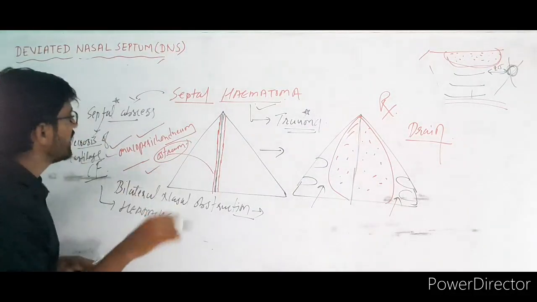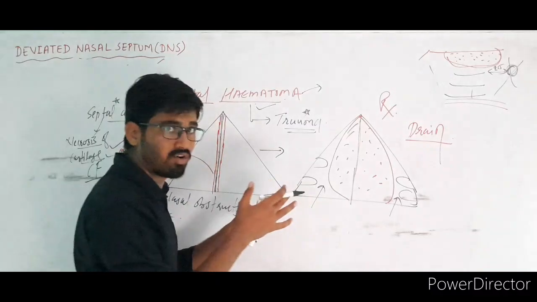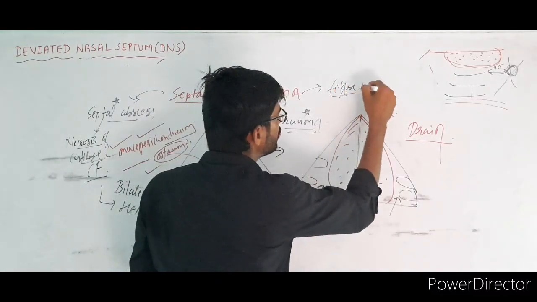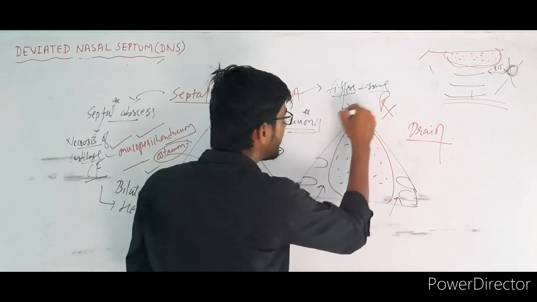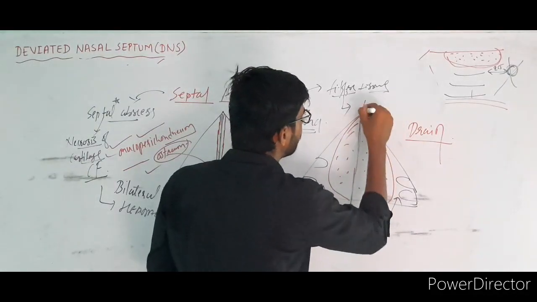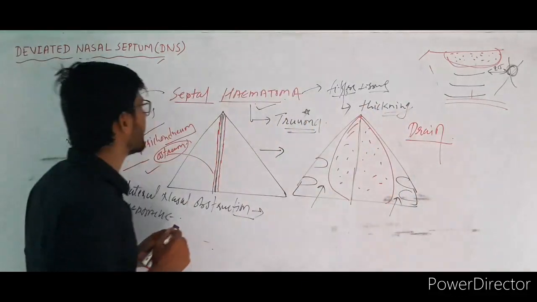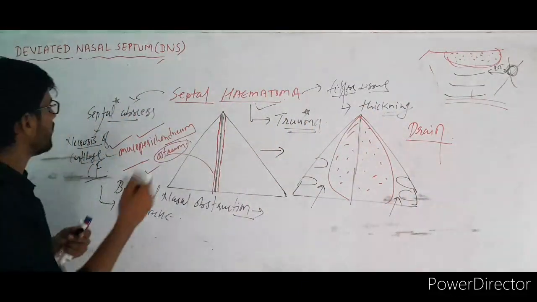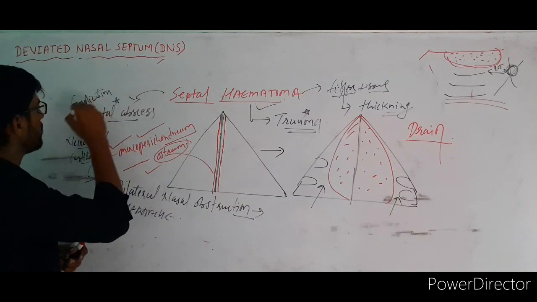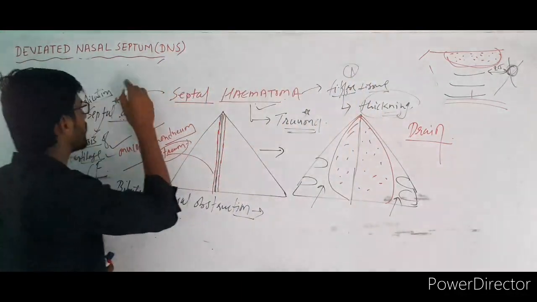Am I right? Yes. And if this nasal hematoma is not treated, it will condense and form fibrous tissue, and permanent thickening will be seen. So this is the septal hematoma, and these are the complications. Nasal abscess is also one complication. So one and second, both are complications.